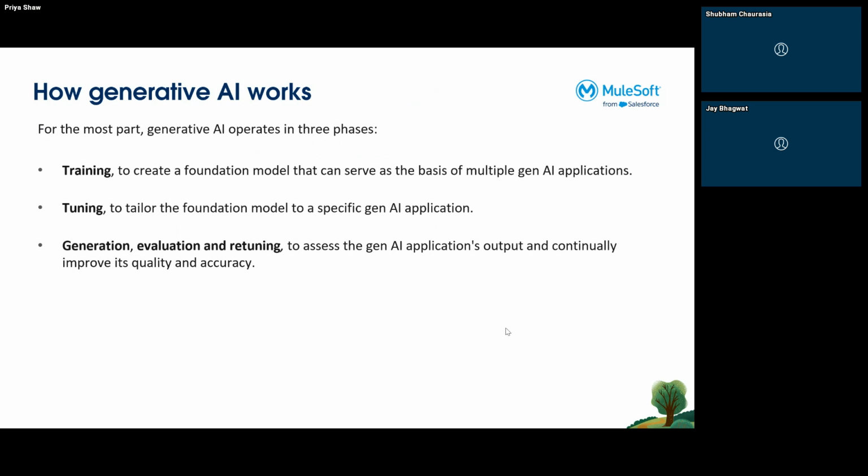There are three phases on which generative AI operates. The first one is training. The foundation is your deep learning model. There are several models present today, and one of the most famous which you have heard of is the LLM, the large language model.